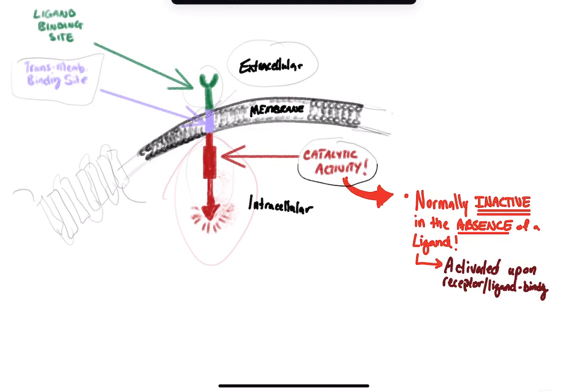So the first thing that we want to remember about our receptor tyrosine kinases is that they have a ligand binding domain on the extracellular face of the plasma membrane, right? So in our discussion live, we drew out this picture, right? And we showed over here the extracellular portion.